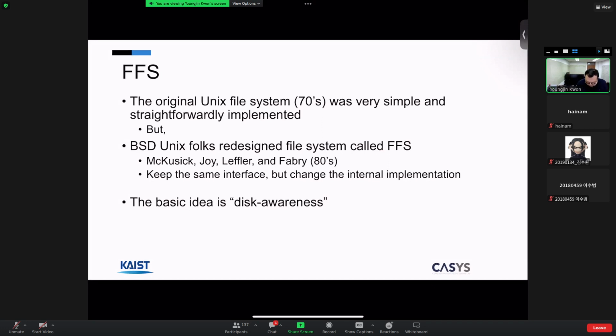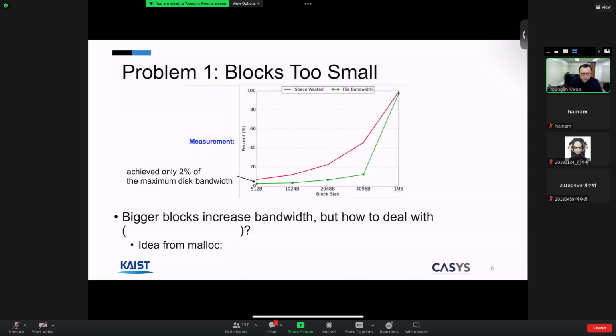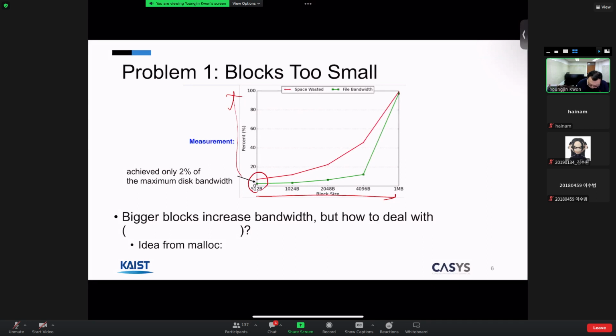So the key idea is this one. The first problem was that block size is small. Here is disk bandwidth according to block size. When the block size is small, it only utilizes 2% of the max disk bandwidth. It's really small. But using larger block sizes, you can achieve much better throughput.